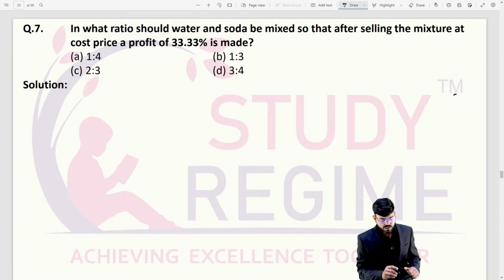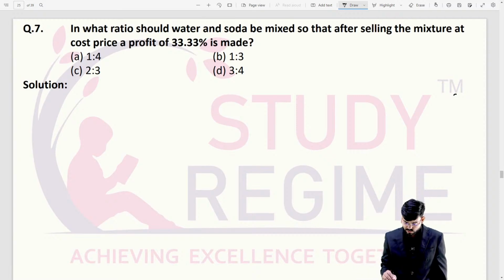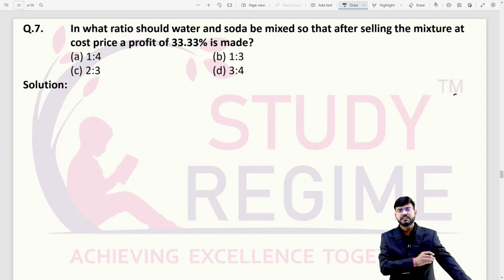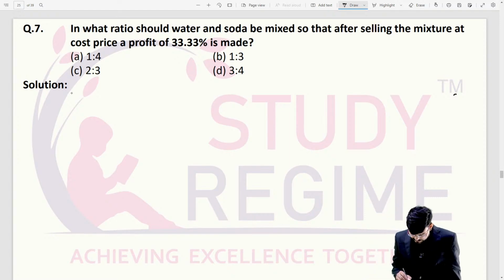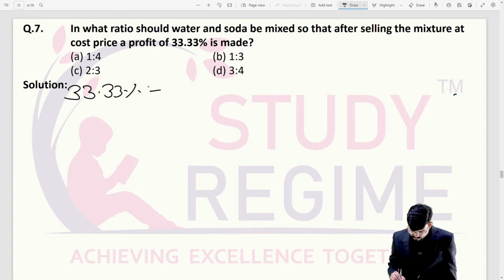In what ratio should water and soda be mixed so that after selling the mixture at cost price, a profit of 33.33% is made? Again, this is a question of percentage, so we will change the percentage into a fraction. 33.33% is what?